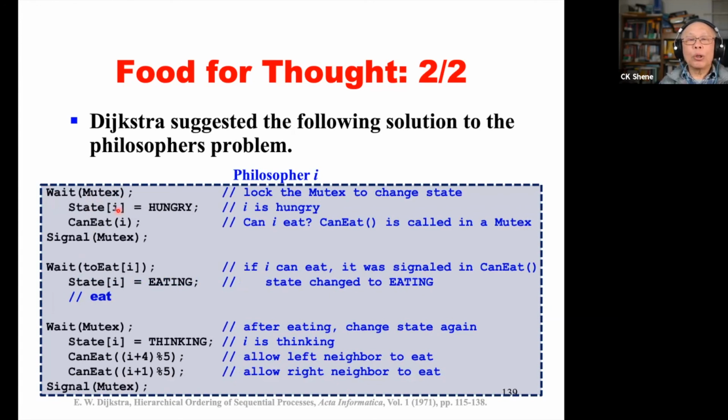To do so, philosopher i must lock the array state, then set hungry to his own state, and then check to see whether he can eat. If he can eat, then his to eat semaphore would be signaled inside the function can eat.